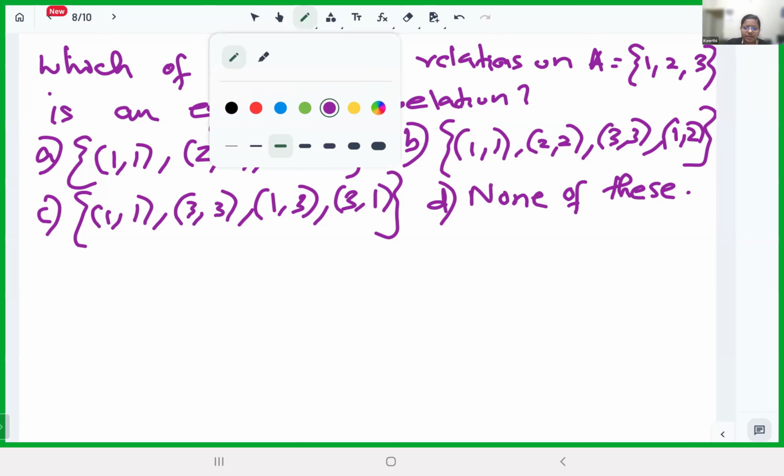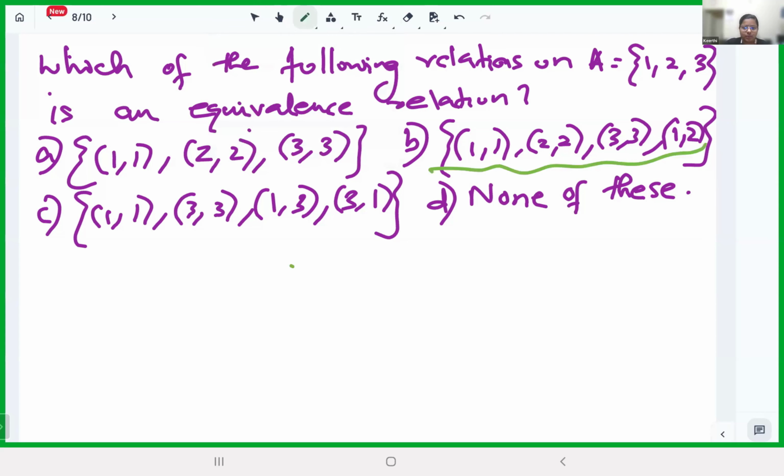For a relation to be an equivalence relation, it should satisfy the reflexive condition, the symmetric condition, as well as the transitive condition. So we can check whether option B is reflexive, symmetric, and transitive. First, the reflexive condition.